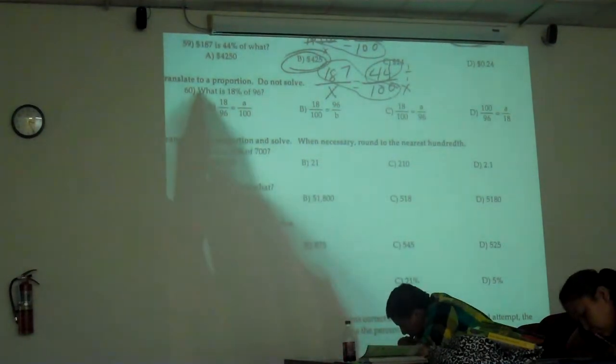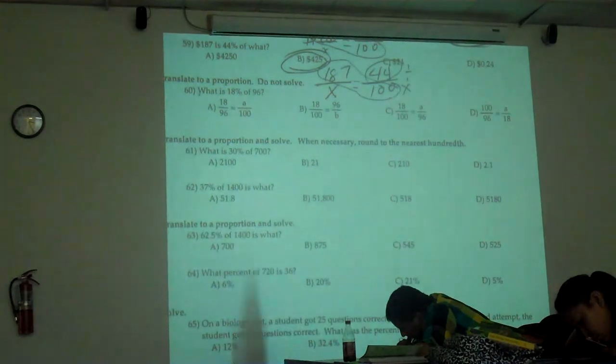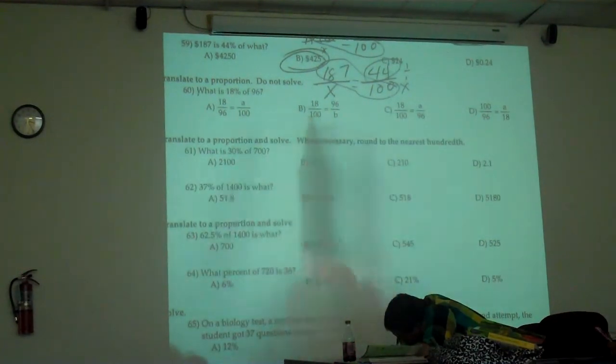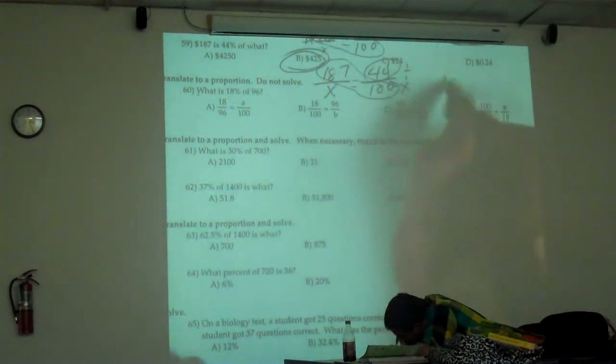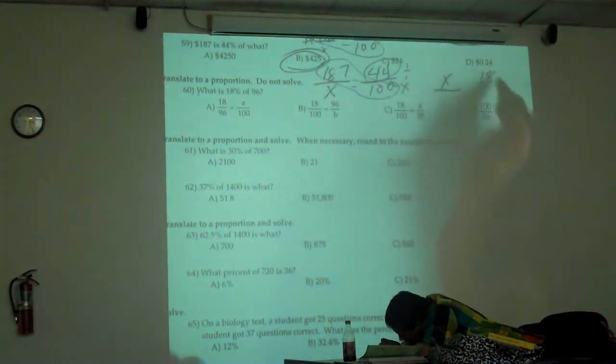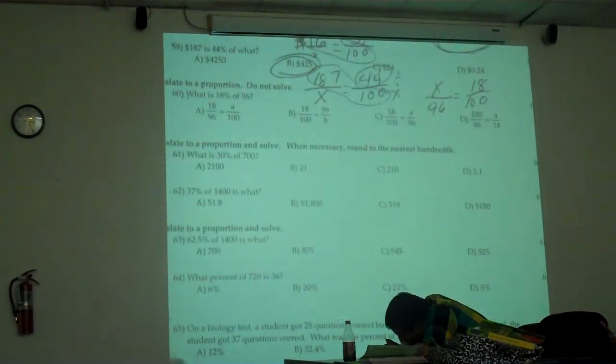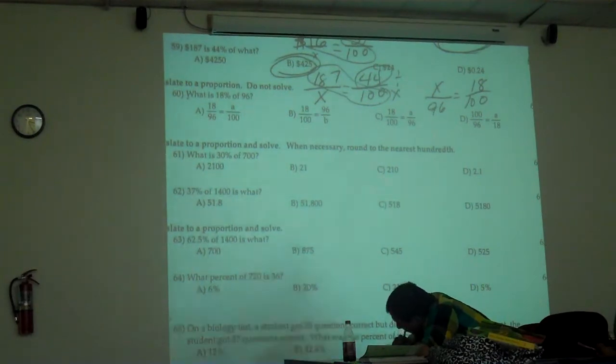Translate to proportion. What is? Okay, they put it backwards. They put the 100 on this side over here. Well, they didn't do it anyway. We would have what is 18% of 96? They have A instead of X. So it looks like it would be this one.